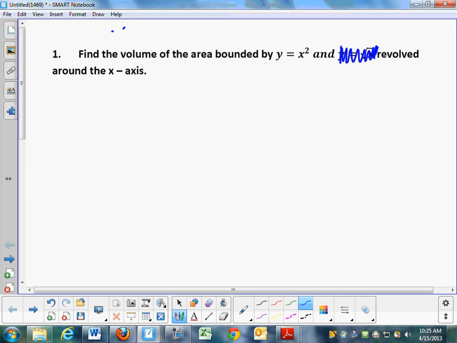We're just going to find the volume of the area bounded by y equals x squared, the x-axis, and x equals 3. And we're going to revolve it around the x-axis. That's where we're going to start.